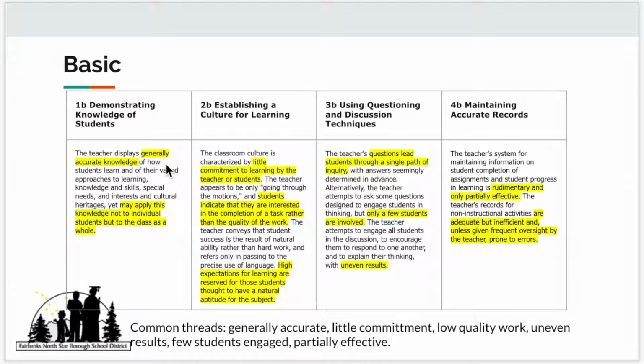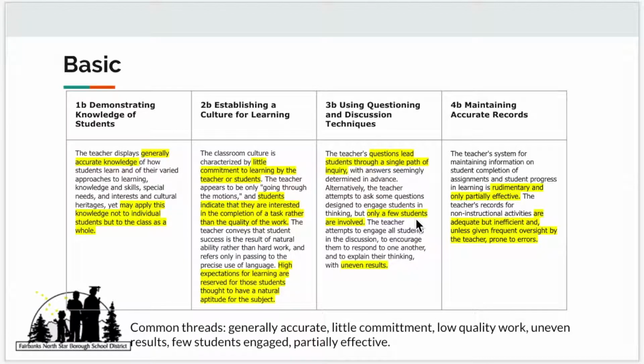The teacher displays generally accurate knowledge, but may only apply this to whole groups, not to individual students. There's little commitment to learning by the teachers or students, and students indicate they only want to get their work done rather than completing quality work. High expectations for learning are reserved for those students thought to have an aptitude for learning. The teacher's questions lead the students through a single line of inquiry.